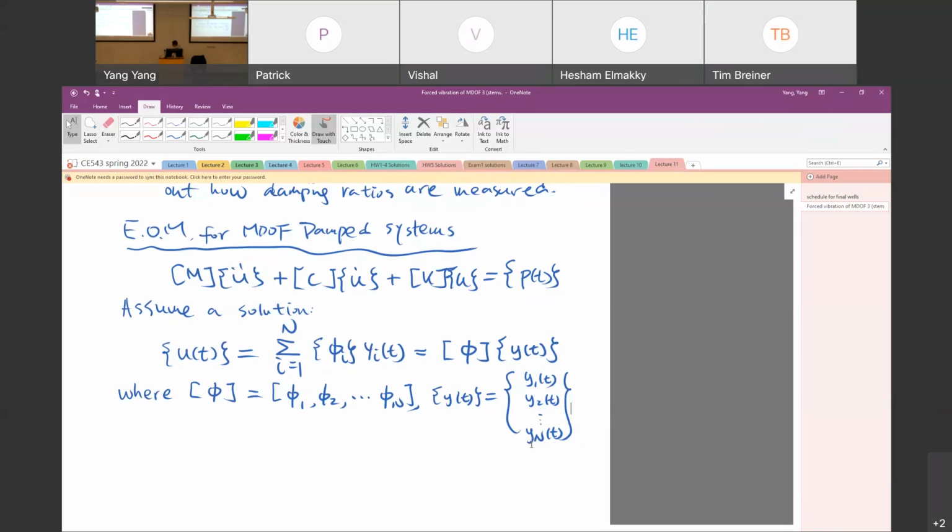Because we have already expressed the displacement as the modal shape matrix times the time-dependent variable, we should be able to derive the velocity and the acceleration.